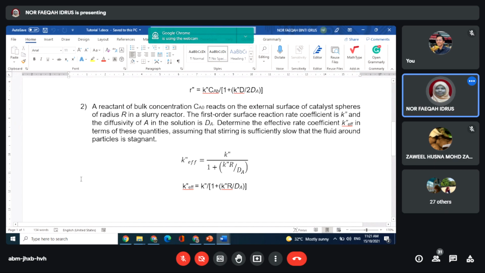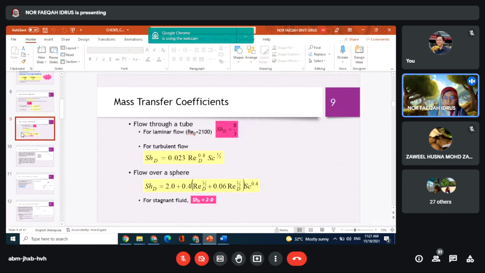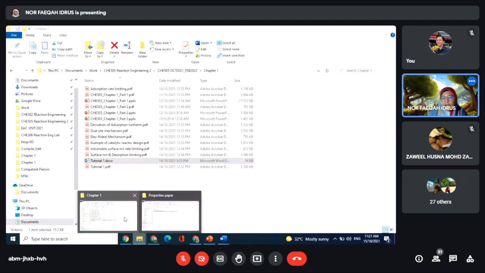So from this clue, we know the Sherwood number value, which is 2. So kita tengok balik Sherwood number, kalau stagnant fluid and the catalyst is a sphere, automatically the Sherwood number equals 2.